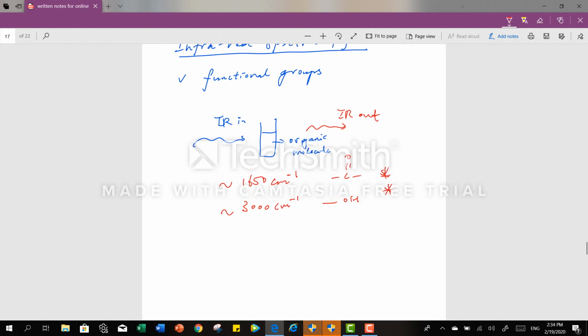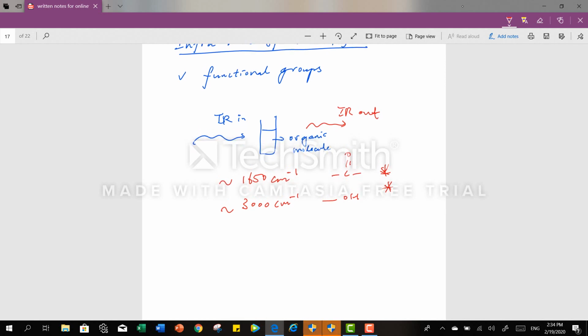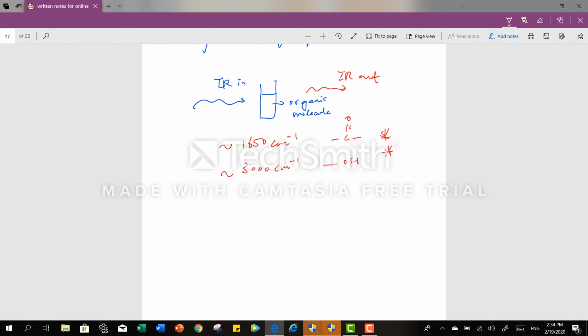Okay, then what's the use of the IR spectrum for the functional groups? Why do they absorb the IR? Because for each bond, for example, this bond, as I said, it absorbs the frequency around this one. Now you don't have to remember this data because it is given in the data booklet, okay? So different bonds will absorb a particular frequency for vibration, okay?